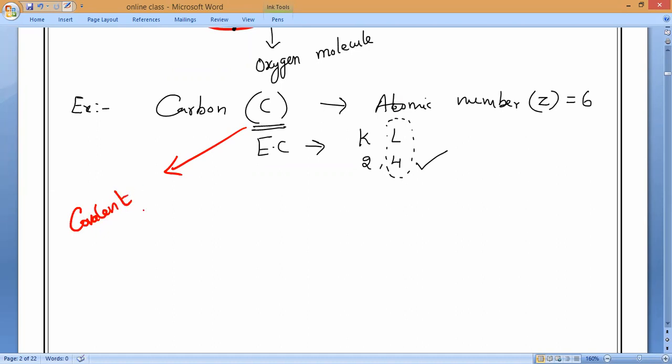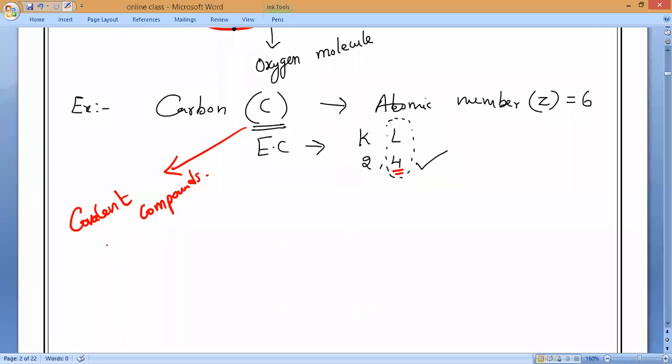Everybody, covalent compounds. The elements having 4 electrons in their valence shell can only share electrons to complete the octet rule, so they form only covalent compounds.